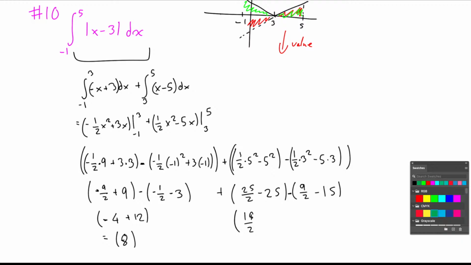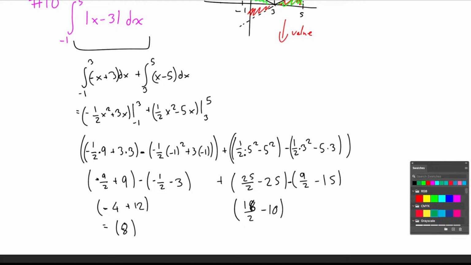No, 16/2. 16/2 plus 15, so minus 10. Right, 25 minus 9. 16, okay. So that becomes 8 minus 10.